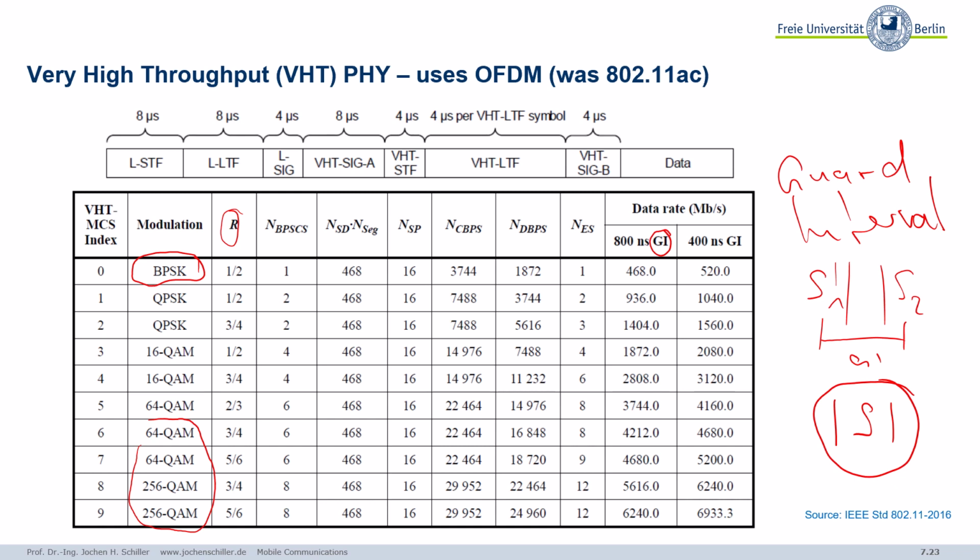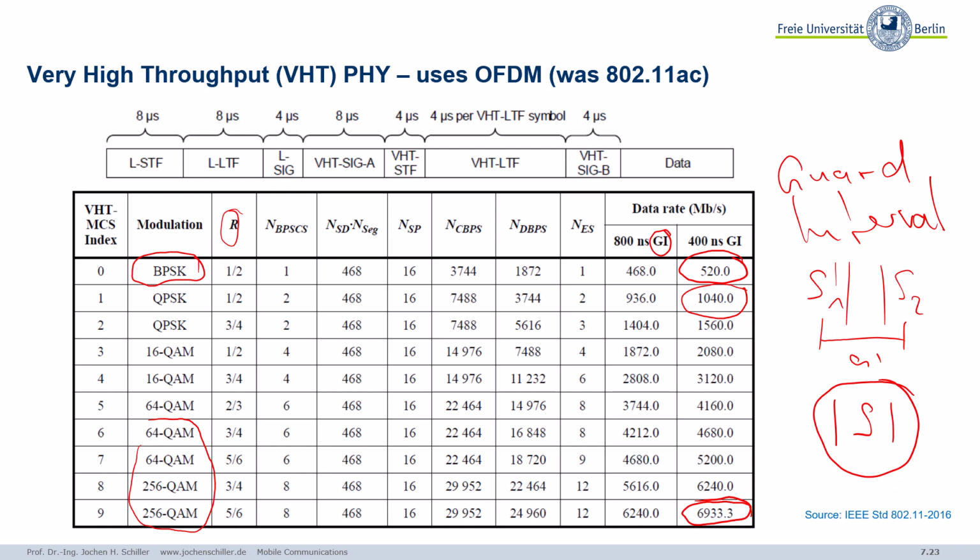Depending on the guard interval, you can reach certain data rates, and see, for the simple BPSK already 520 megabit per second. Whoa, that's already a lot. QPSK doubles the points in the constellation diagram, so you end up at 1040, and then depending on how much redundancy you have to integrate, the maximum is almost 7 gigabit per second.